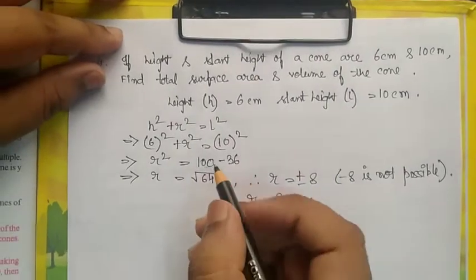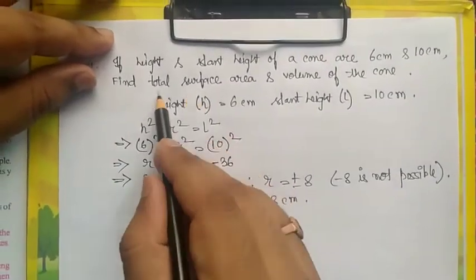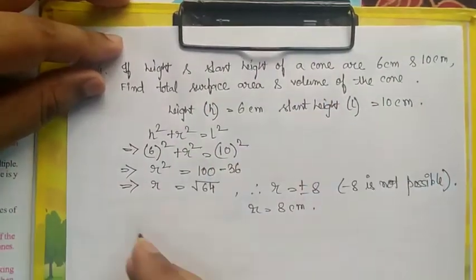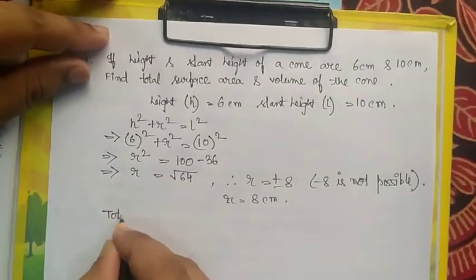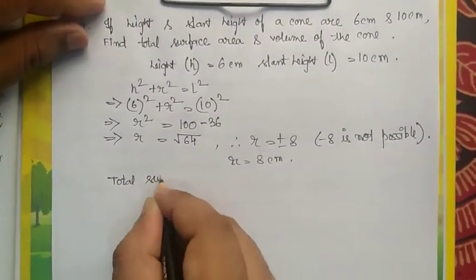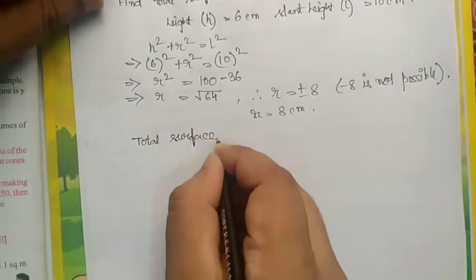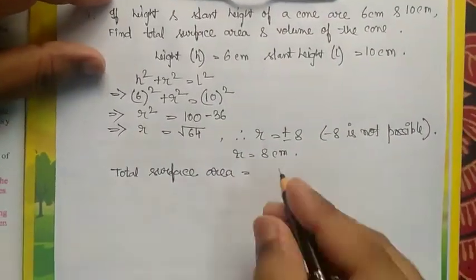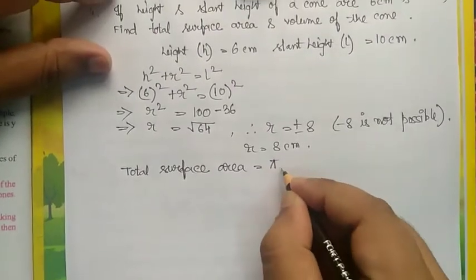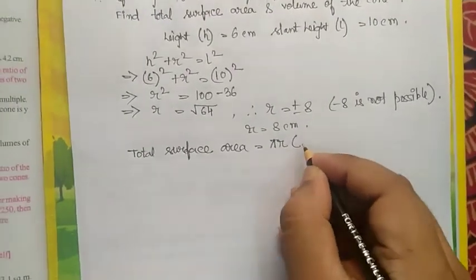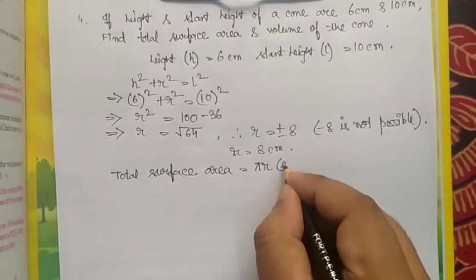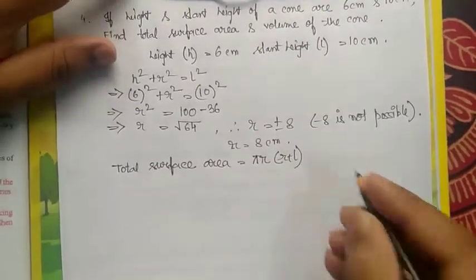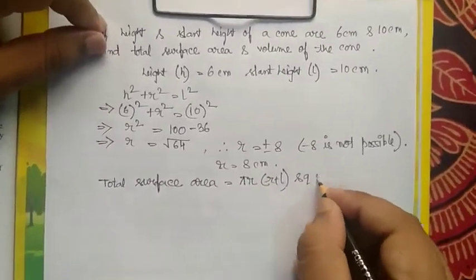Here we have to find the total surface area and the volume of the cone. So the total surface area formula is pi r times r plus L square unit.